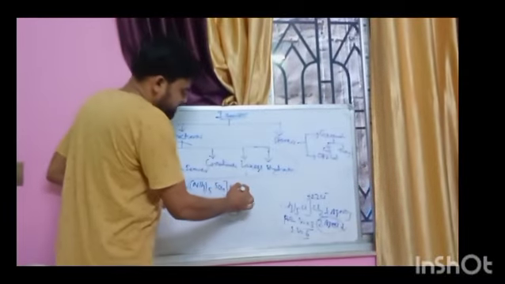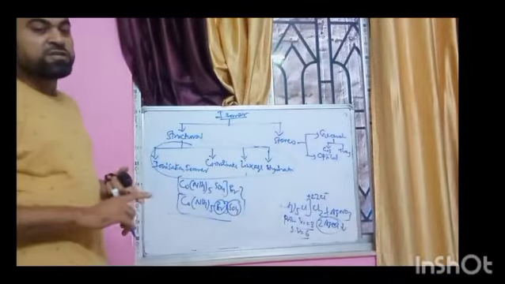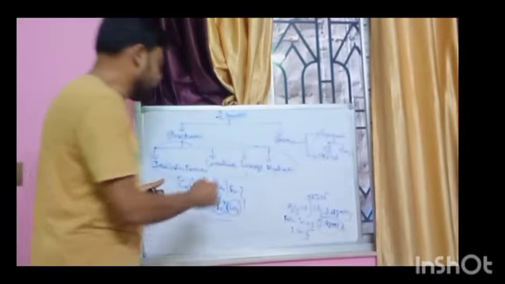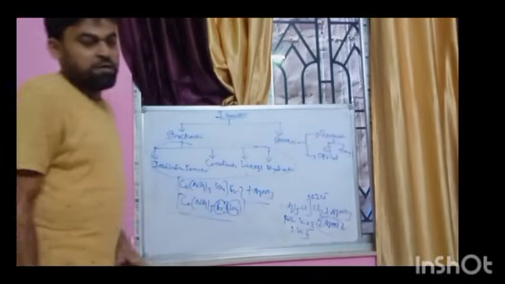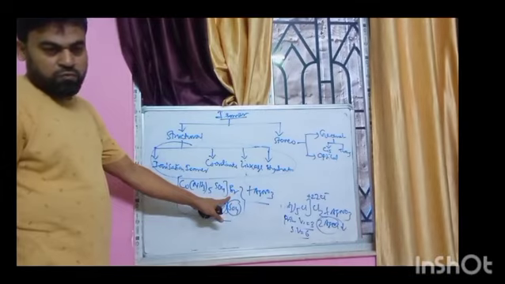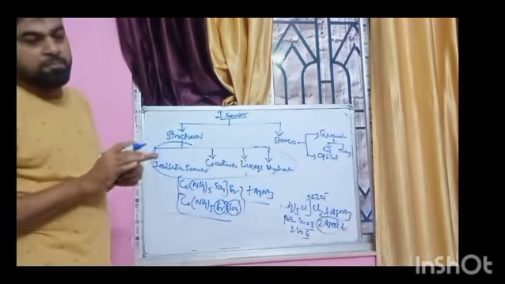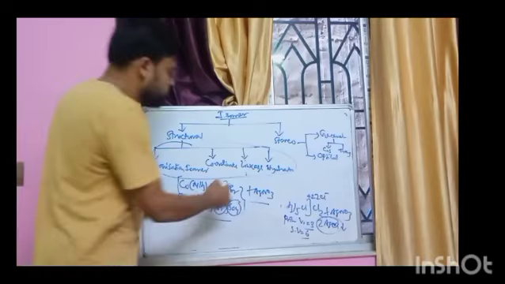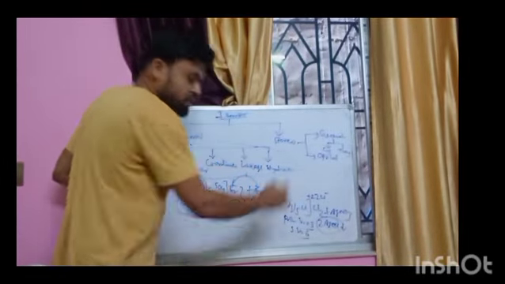A simple example of ionization isomers can be identified by adding AgNO3 solution to both. In the one where Br is outside the third bracket, it forms a precipitate of AgBr.